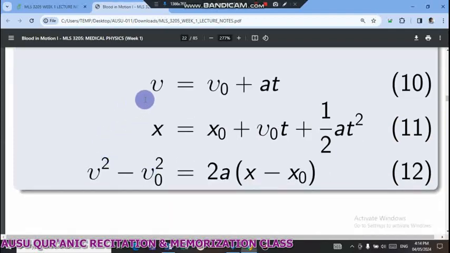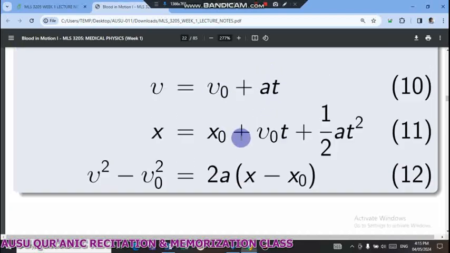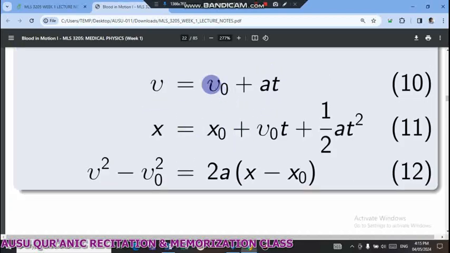Your v will be equal to v naught plus at, meaning final velocity equals initial velocity plus acceleration times time. Then x, the final position of an object, is equal to its initial position.